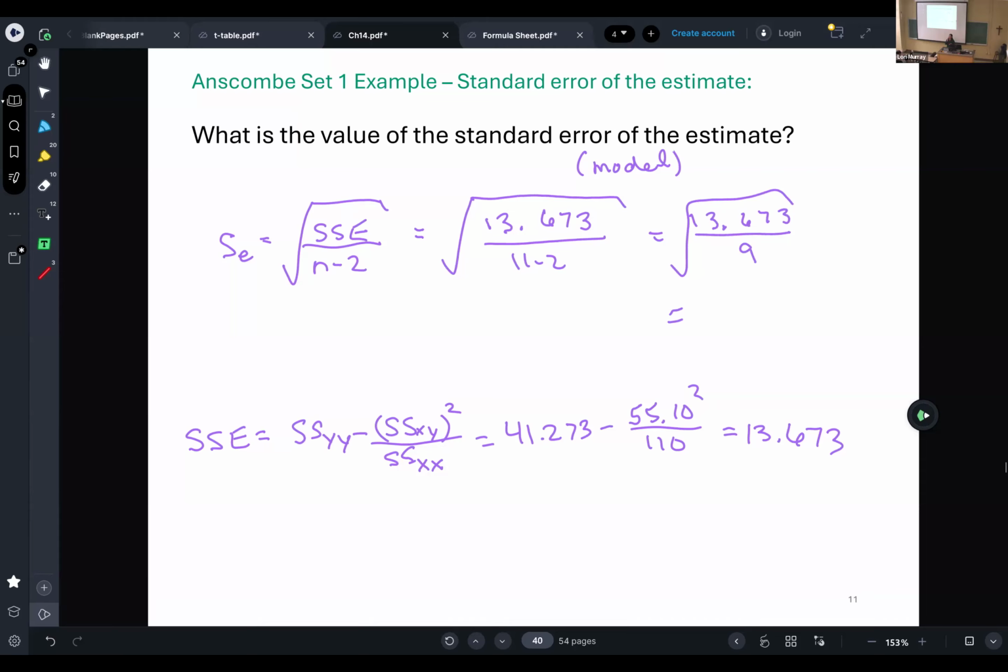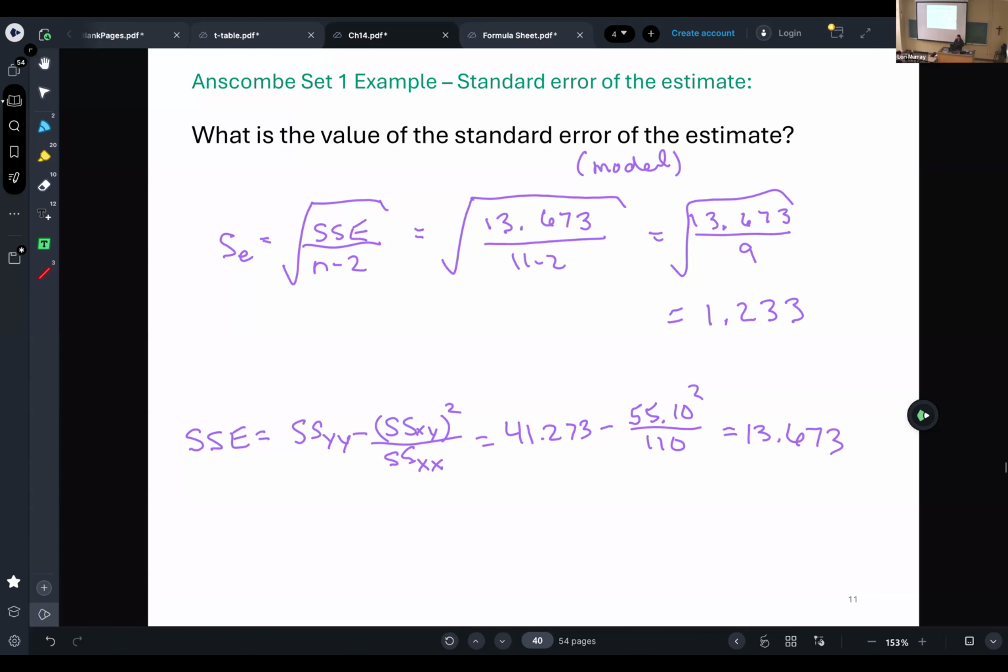What do we get? I get 1.23. Anybody get anything different? It's good.